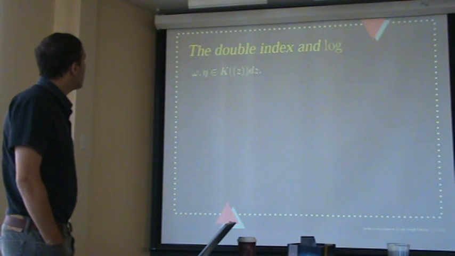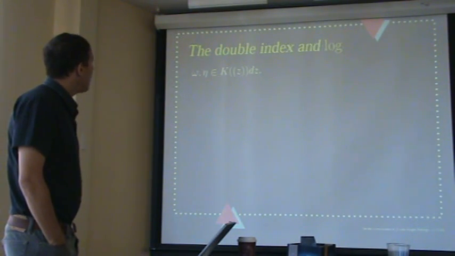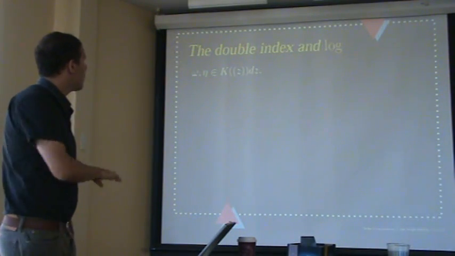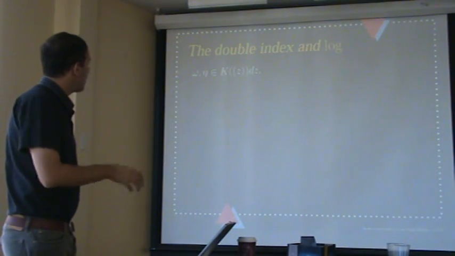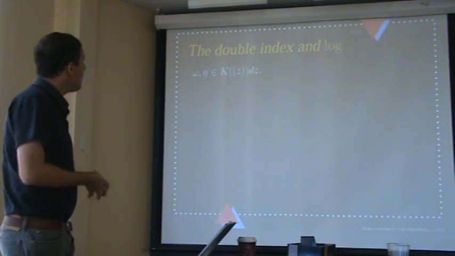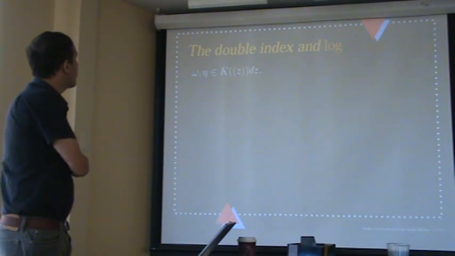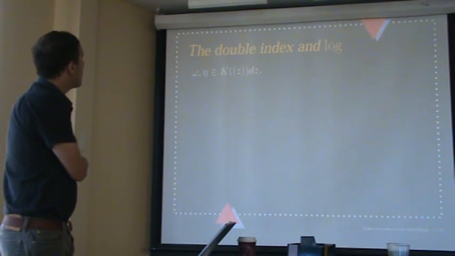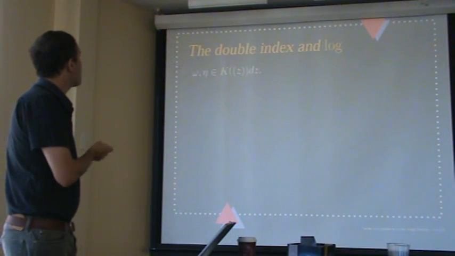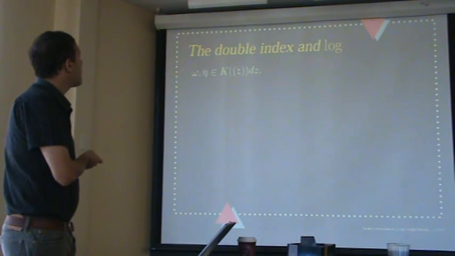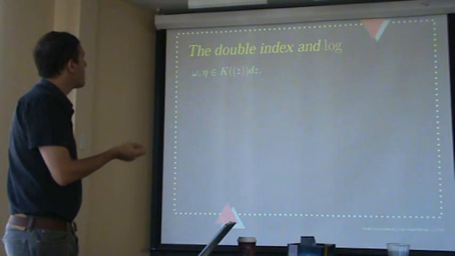So there's a notion of what I call the double index, and I'll describe this. It works in two different contexts, and the easiest one to explain is a formal algebraic context. So what you do is you just look at two differential forms, omega and eta, and these are meromorphic differential forms in the neighborhood of zero.